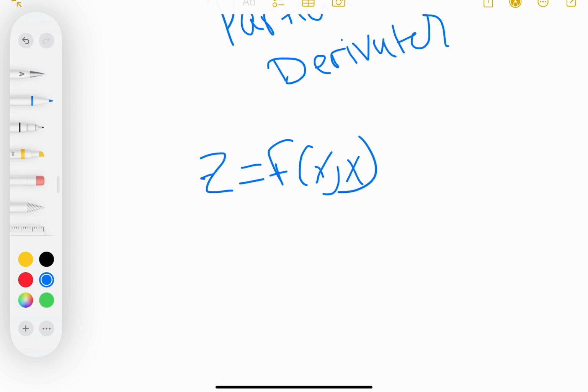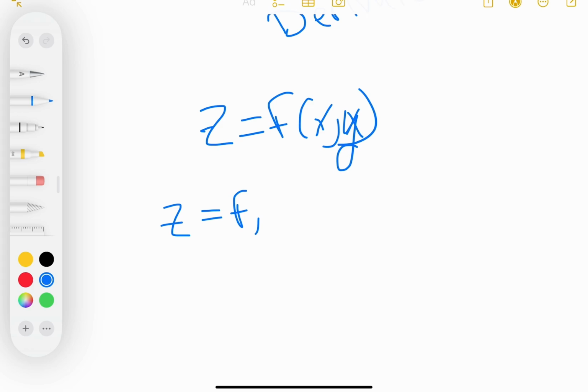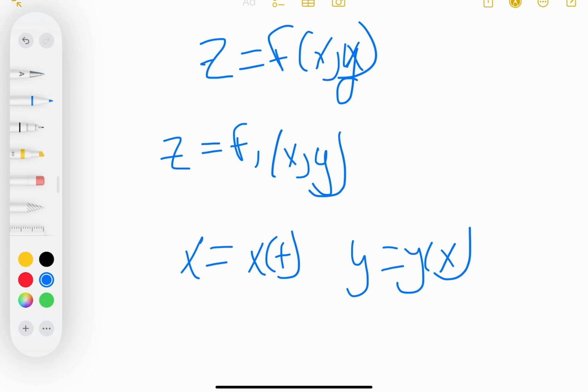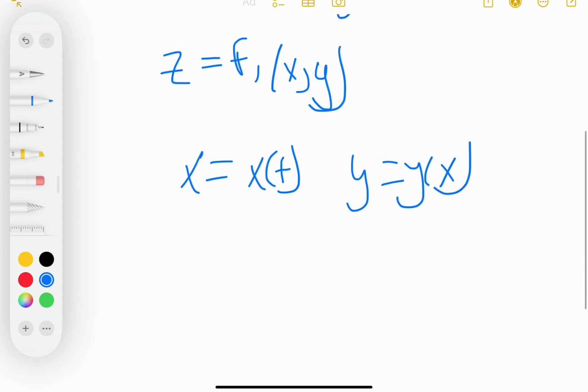So let's just say z equals f of x, y. I'm just rewriting it for clarity. And x is x of t, like I said, and y is y of t.